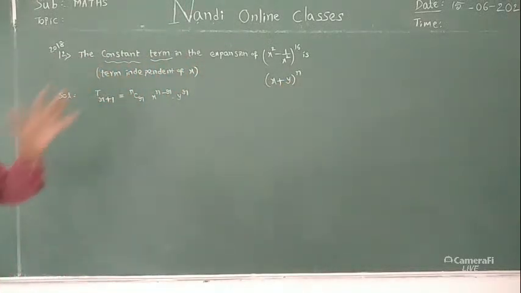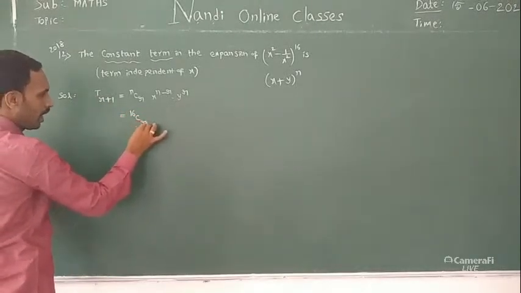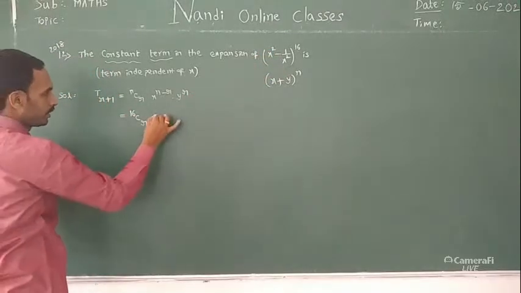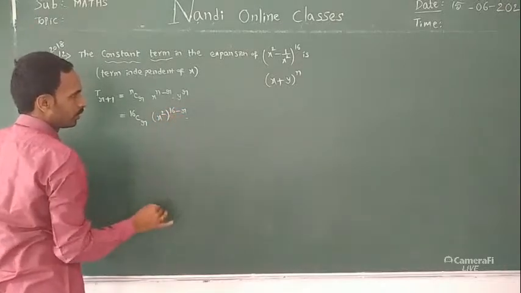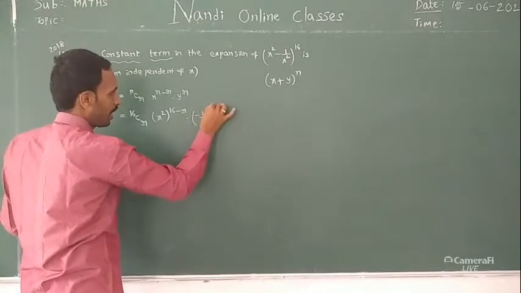Always compare with plus only. Substitute n value 16, so 16Cr times x is x^2, whole power 16 minus r, and y is (-1/x^2) whole power r.